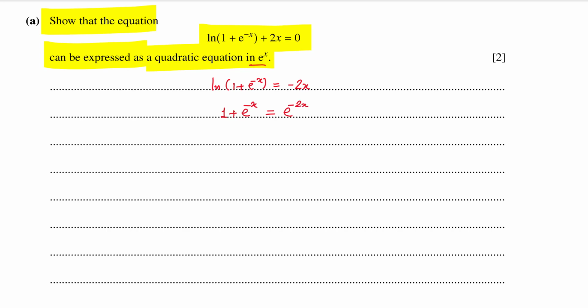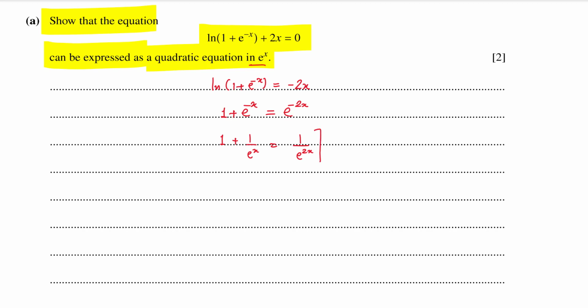We are going to take this negative power as a positive power by taking it in the denominator: 1 over e to the power x equals 1 over e to the power 2x.